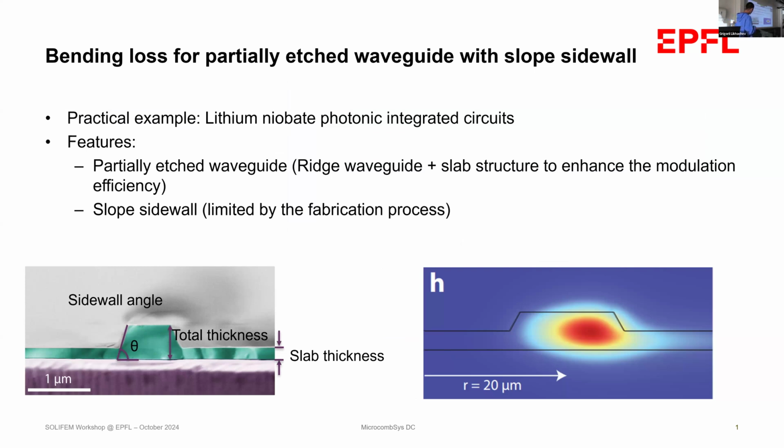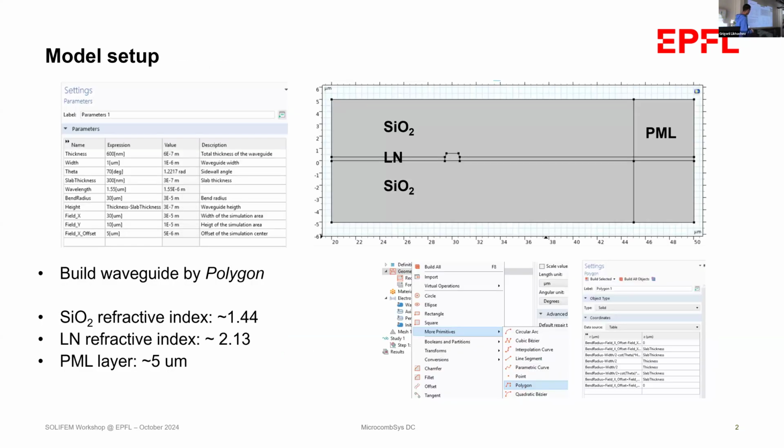If you etch through the lithium niobate and then put the electrodes on the side, then because the dielectric constant in the center is very large, and in the cladding, in the gap between the lithium niobate and your metal, it is air or silicon dioxide, the dielectric constant is about 4 to 10 times smaller than lithium niobate. So you will get a very small electrical field in your core. So with this slab, it can enhance the electric field in the core and then increase the modulation efficiency. Because this part is not related to this simulation, I didn't include it here.